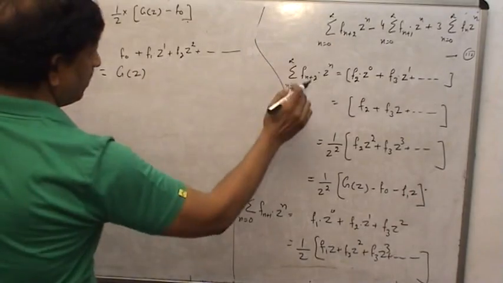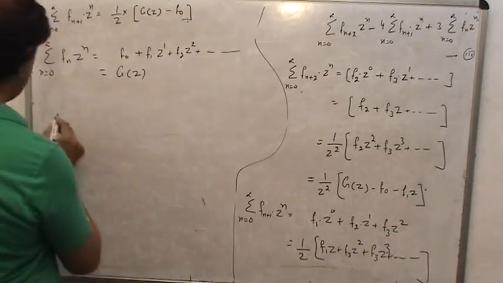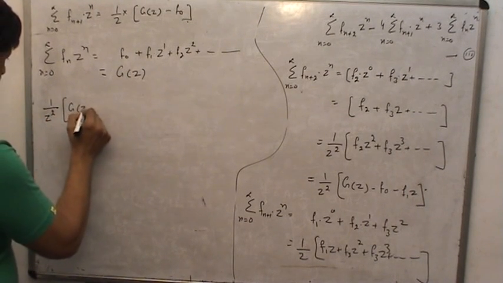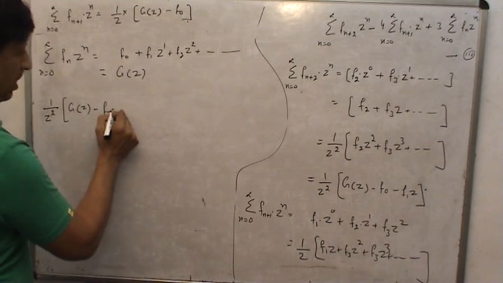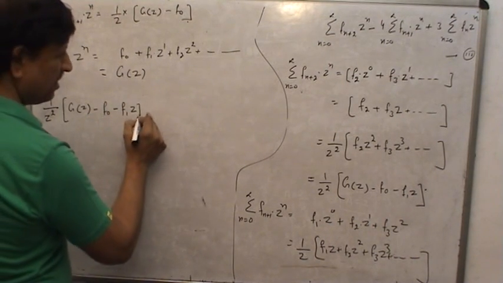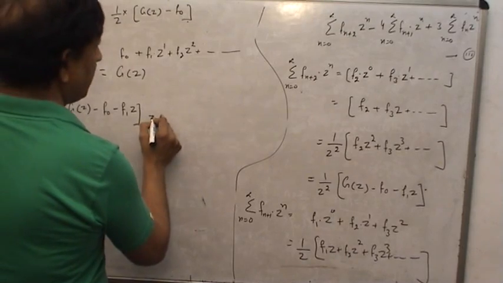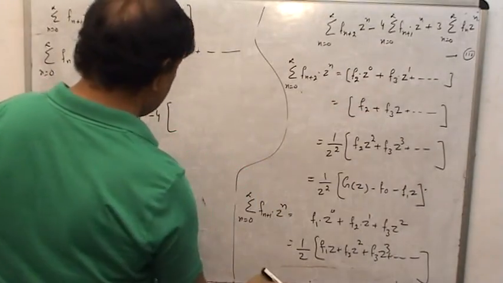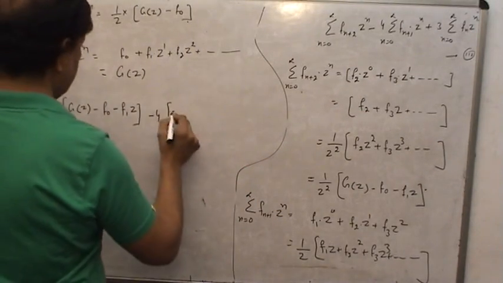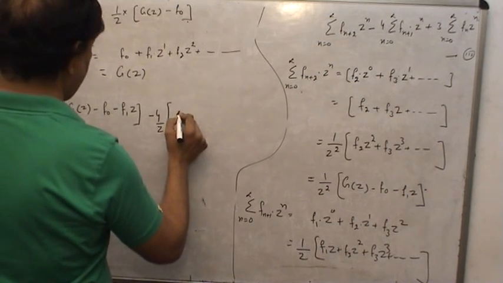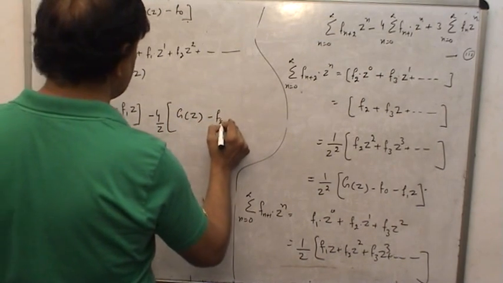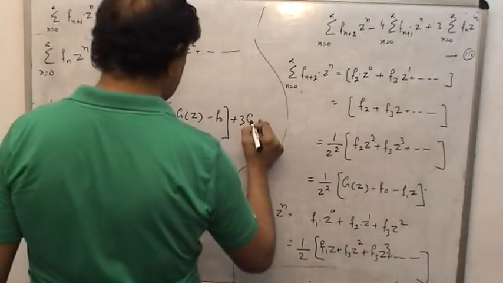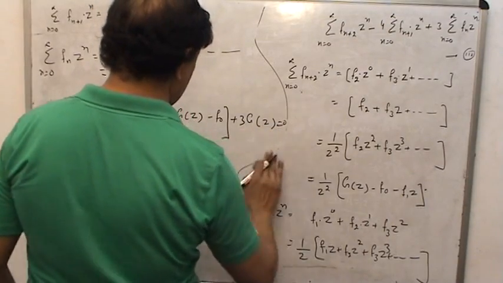We say f(n+2) term is 1 by z square into G(z) minus f0 minus f1 z, minus 4 times the second term, which is 4 by z into G(z) minus f0, plus 3 times G(z) is equal to 0.